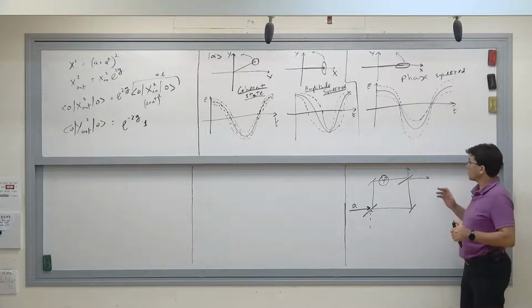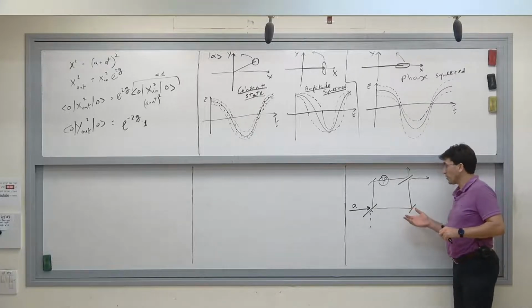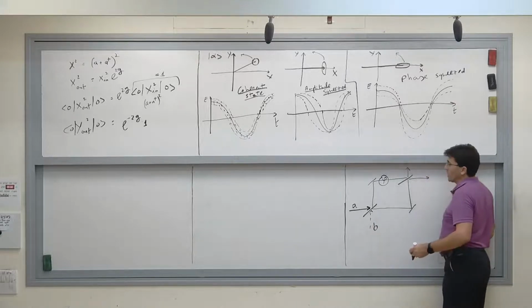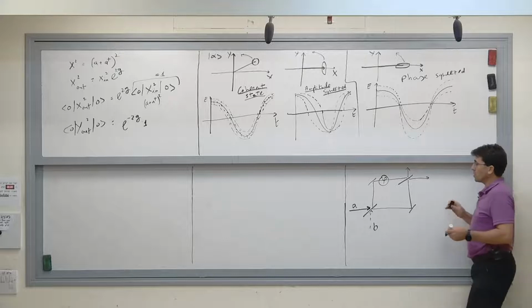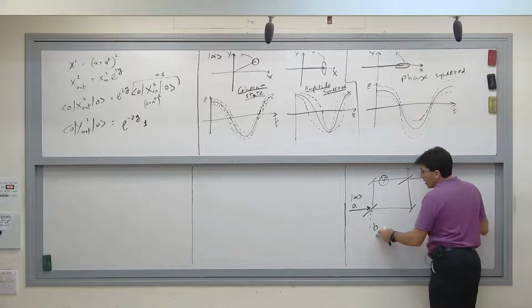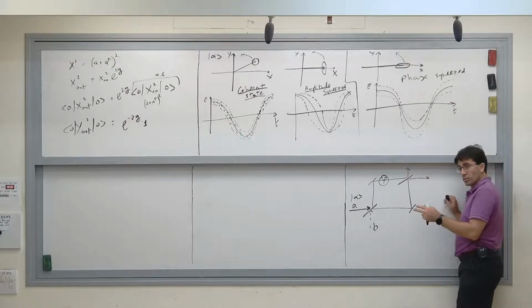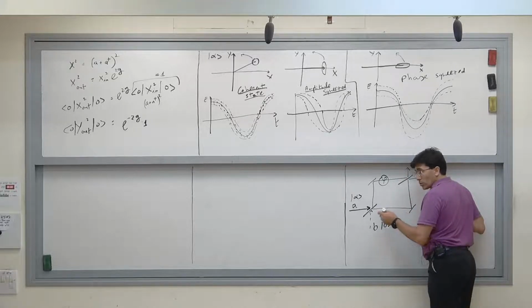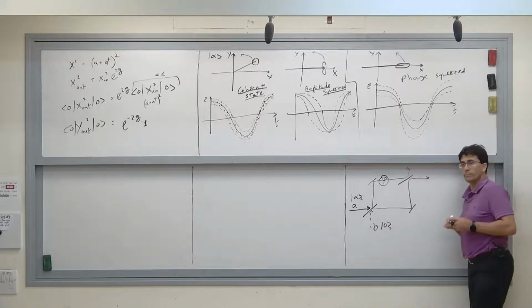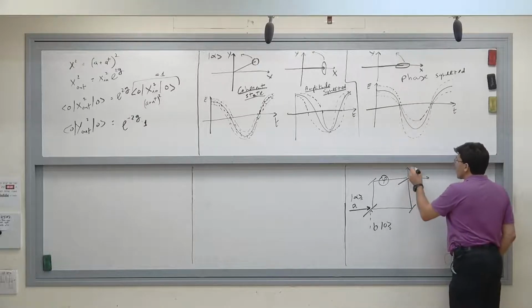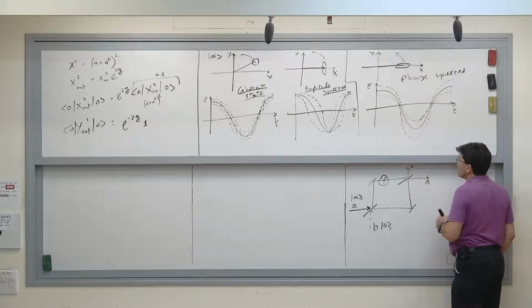But now we should be careful, and we know that there's another mode B. And here, I don't know what comes in, maybe a coherent state, maybe something else. But if this is an unused port, then we must assume that what we have here is vacuum. So this is alpha in mode 1, but vacuum in mode 2. And there will be two output modes, C and D, that have some state.